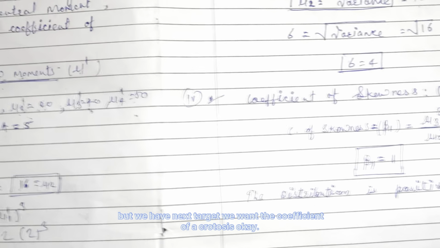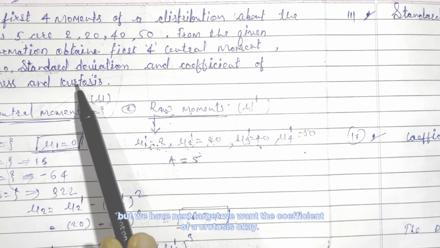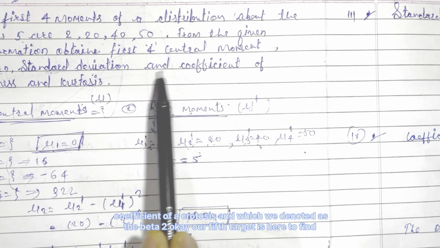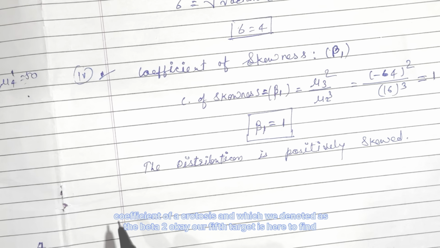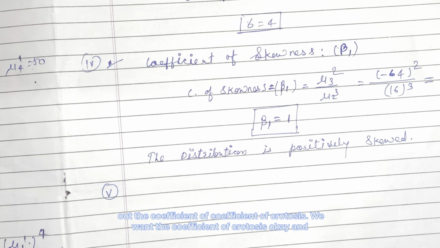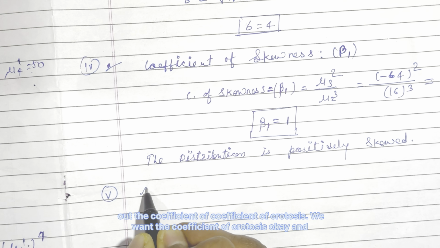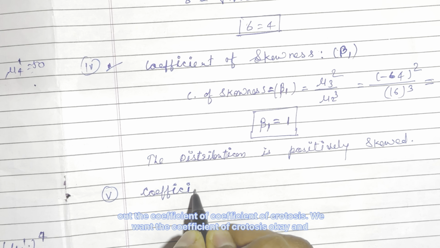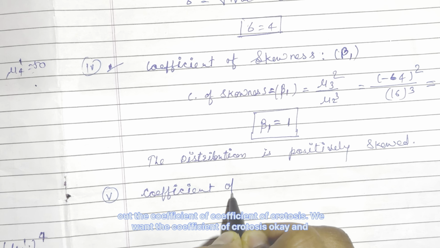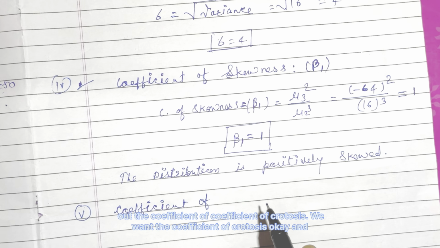Now what we have as the next target, we want the coefficient of kurtosis, which we denote as beta 2. Our fifth target is to find the coefficient of kurtosis.